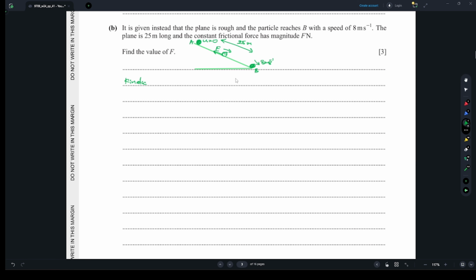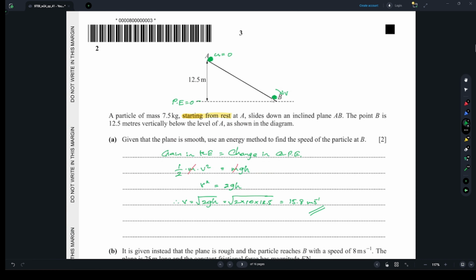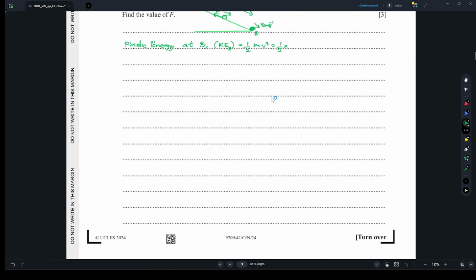So kinetic energy at B. I will use kinetic energy at point B. We can use half mv squared, and here half m is 7.5 kilograms times the velocity, which is 8, so 8 squared.